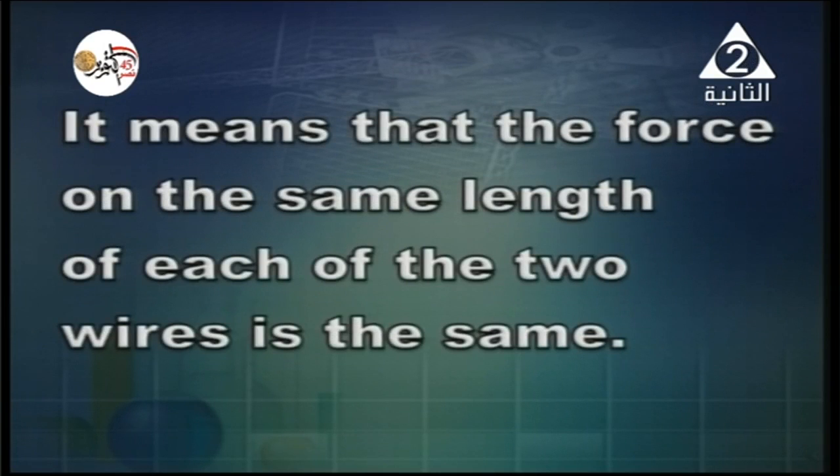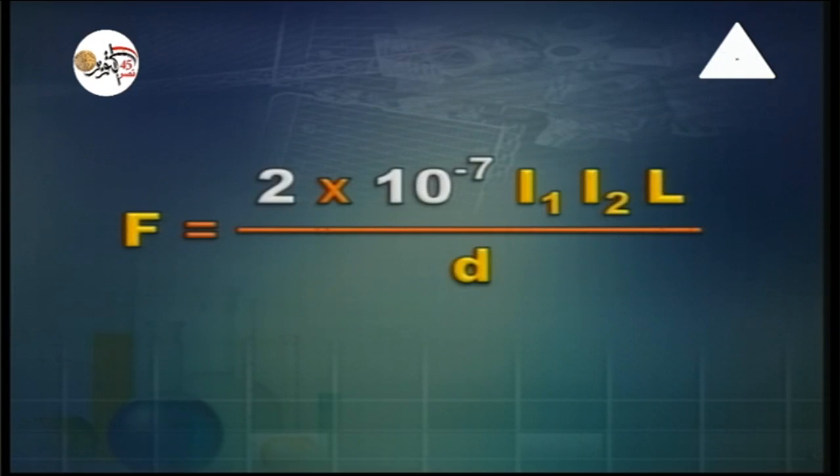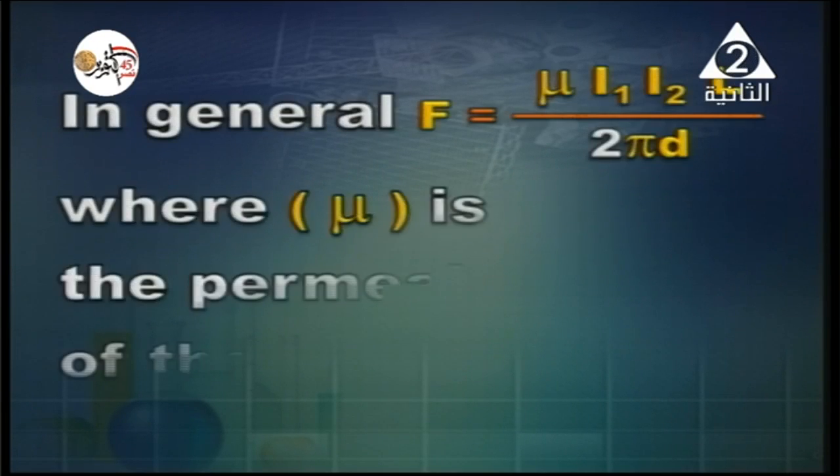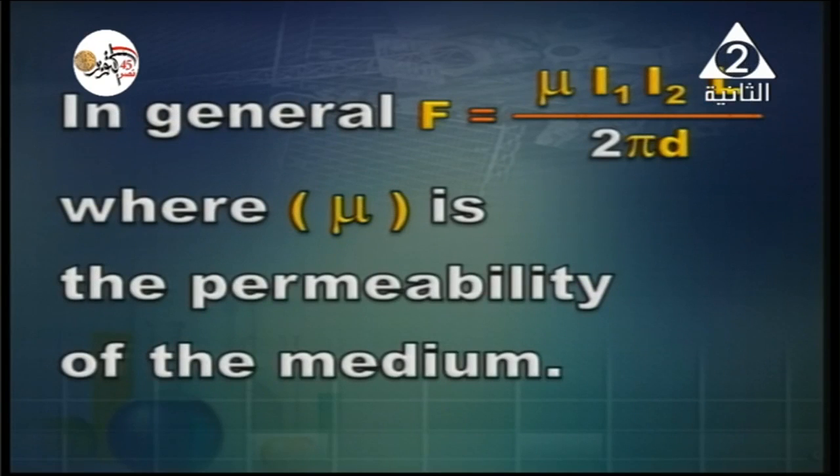It means that the force on the same length of each of the two wires is the same. And it is calculated from the expression 2 times 10 to the power of negative 7 I1 I2 L over D, if the medium between the two wires is air. In general, F is equal to mu I1 I2 L over 2 pi D, where mu is the permeability of the medium.